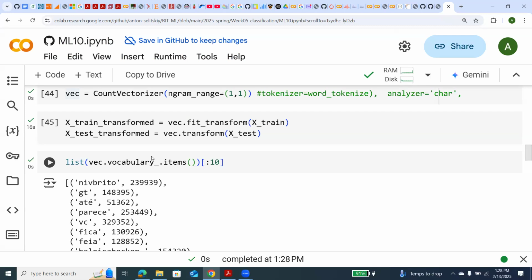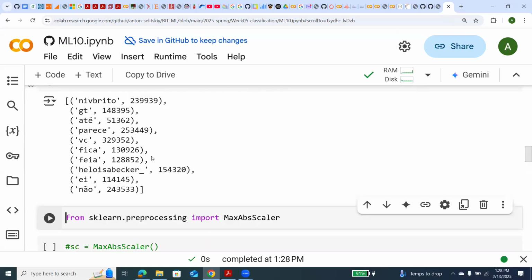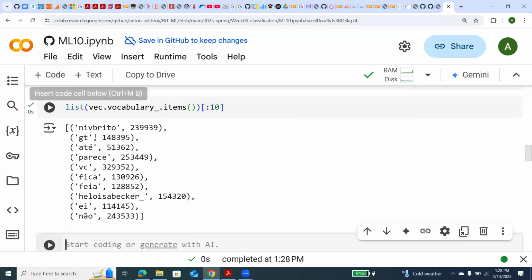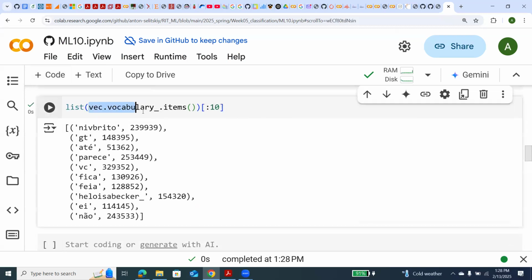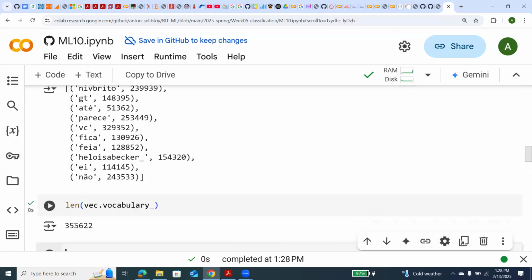And then we have the vocabulary with counts of the tokens. And the size of our vocabulary is 355. Okay.